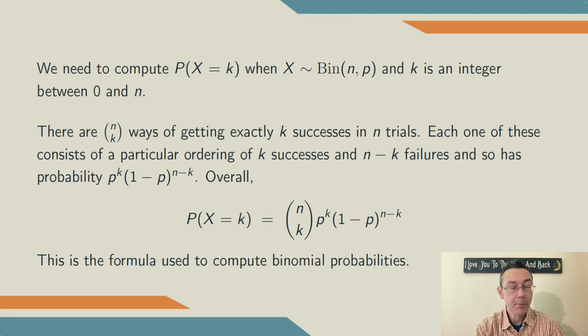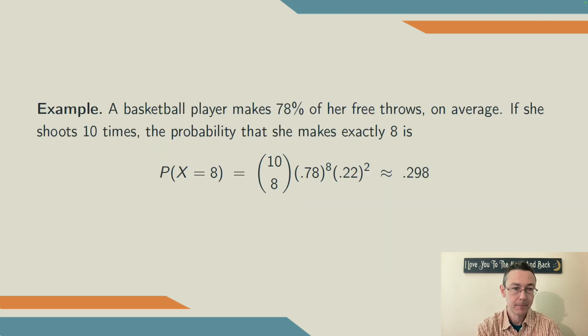So, overall, the probability that x is equal to k is n choose k times p to the k times 1 minus p to the n minus k. Because we're taking the probability of any particular ordering, that's the second part, p to the k times 1 minus p to the n minus k, times the number of ways that can occur, so n choose k. And this is the formula that you use to compute binomial probabilities.